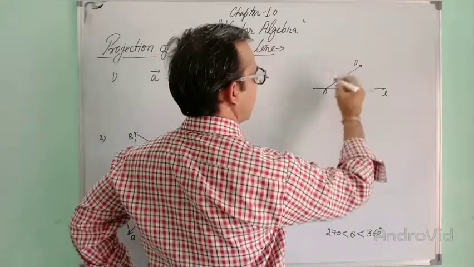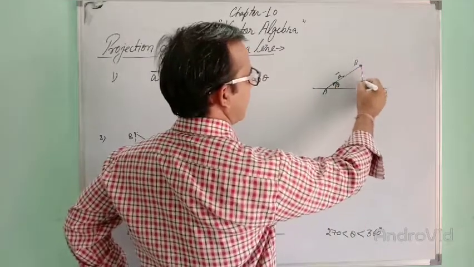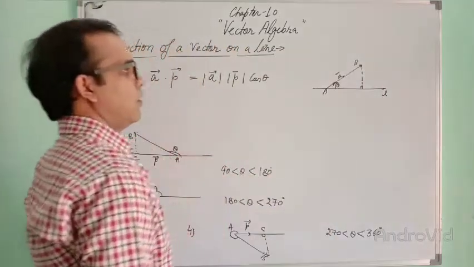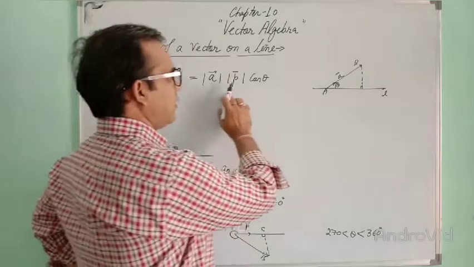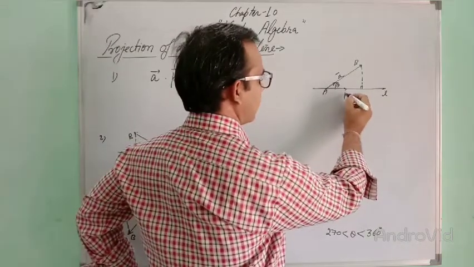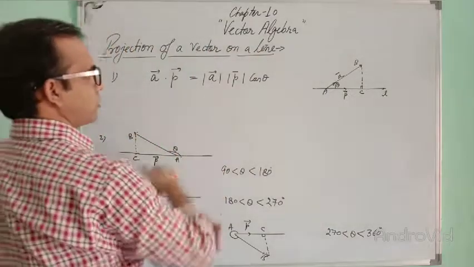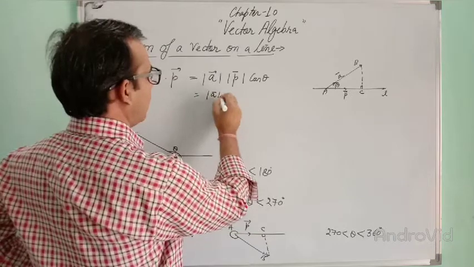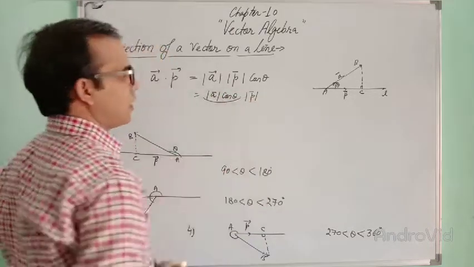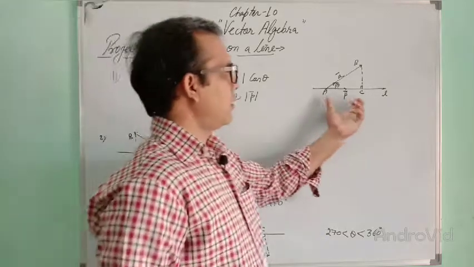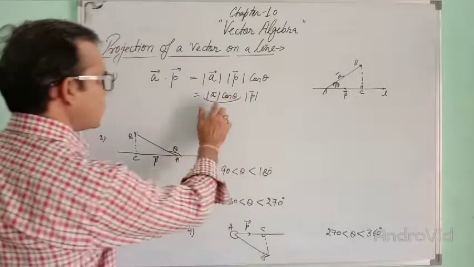Let us suppose this is angle A and theta is this angle in the anti-clockwise direction. So here you see a vector dot p vector equals a p cos theta. P is this vector, that is the AC vector here. Clear? So a magnitude cos theta will be the value of AC here, that is the projection. So this is the projection.